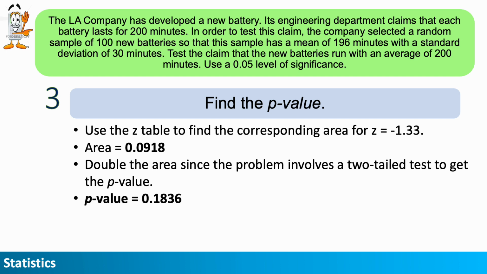Multiplying by 2, we get 0.1836. I think it's 1836. Some people argued during the discussion that it's 1936, but it looks like it's 1836. It should be 1836. Okay, that's the P value.